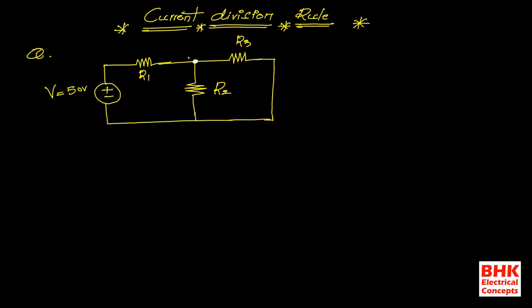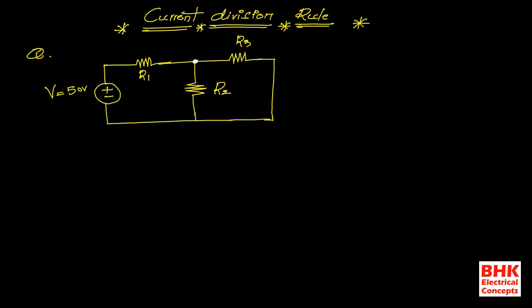What is the meaning of node? A node means the meeting point or connecting point of individual resistances. R1 is connected here, R2 is connected here, R3 is also connected here. Junction and node have the same meaning.